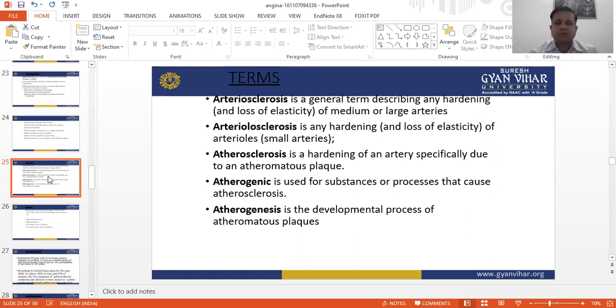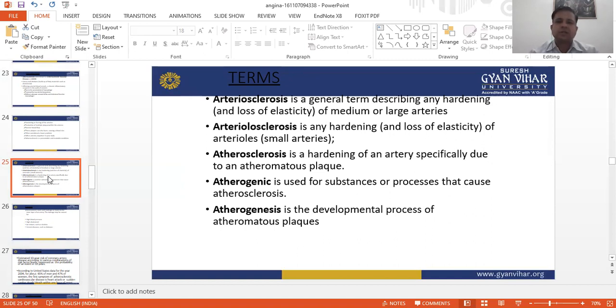Terms: arteriosclerosis is a general term describing any hardening and loss of elasticity of medium or large arteries. Arteriolosclerosis is any hardening of arterioles.